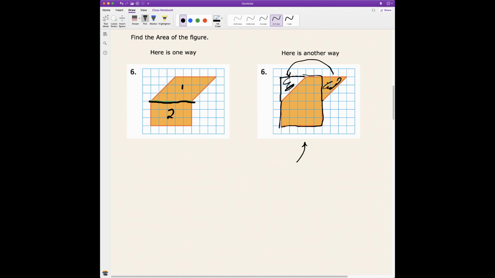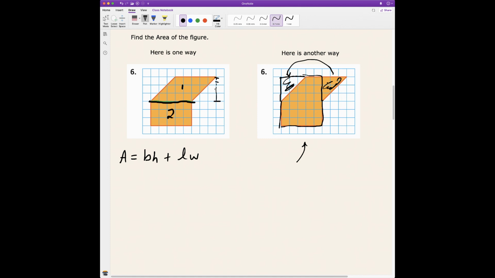But if you break it into two shapes, and if I want to find the area, well, the formula for the area of a parallelogram is the base times the height, plus the formula for the area of a rectangle is the length times the width. All right, so we need to find the height of my parallelogram.